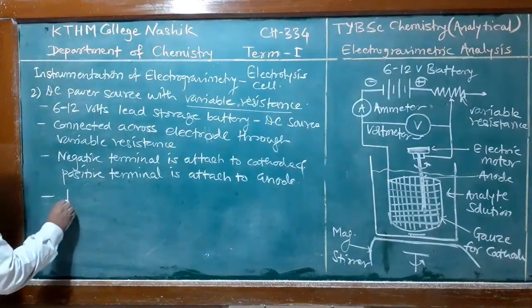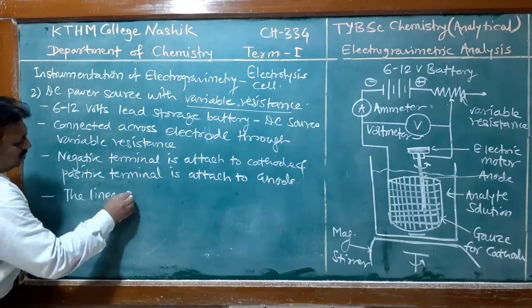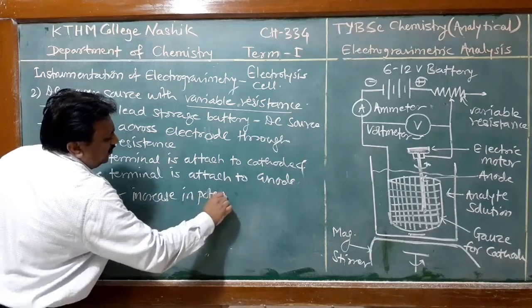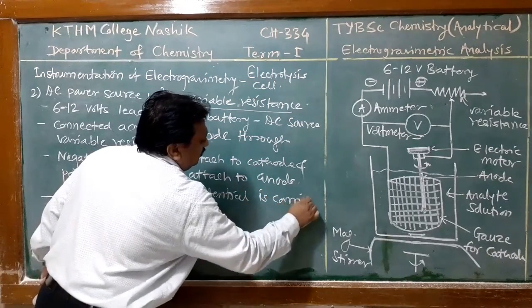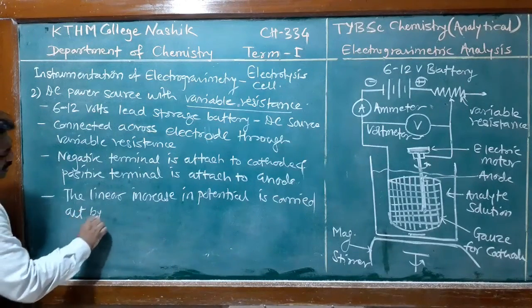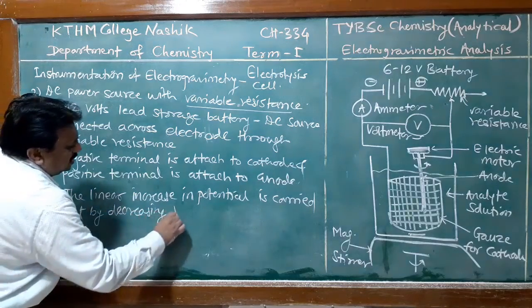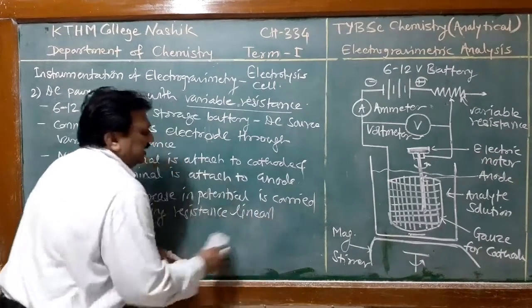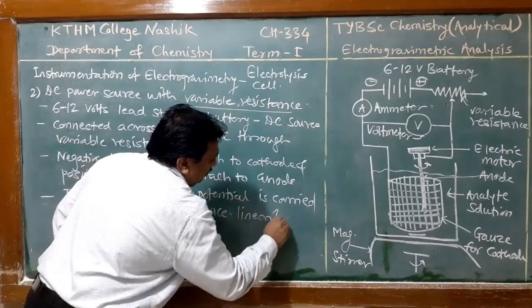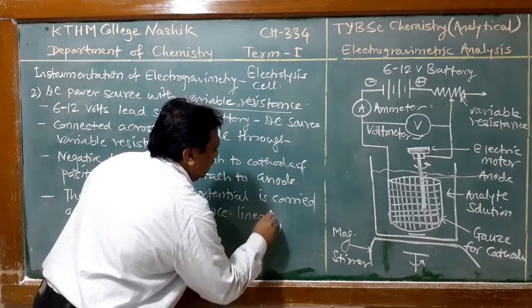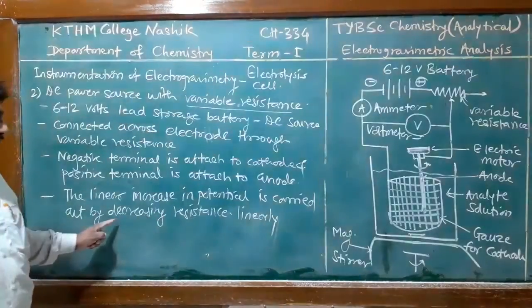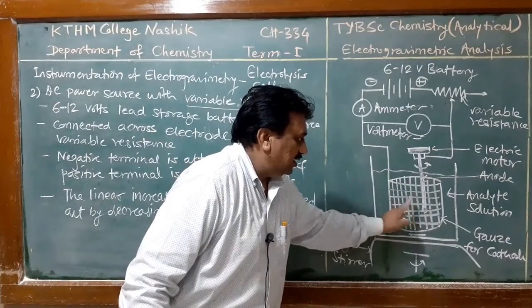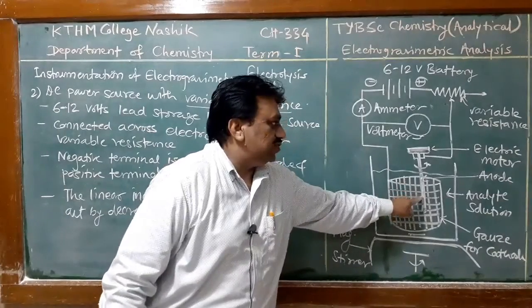Indirectly, as we linearly decrease the resistance, we can linearly increase the potential difference across these two electrodes.